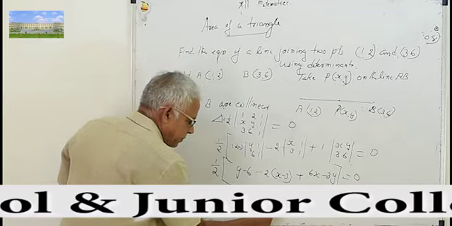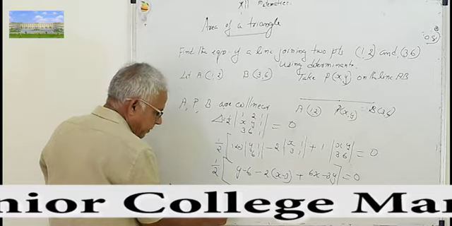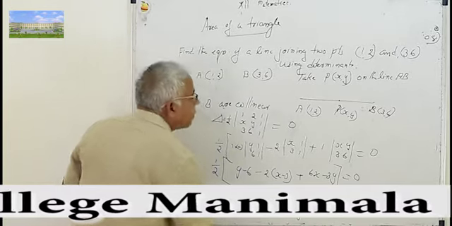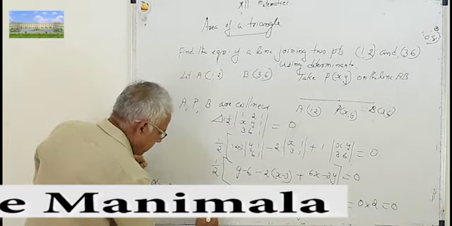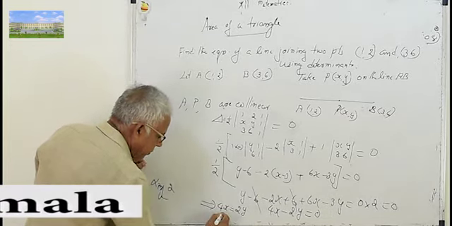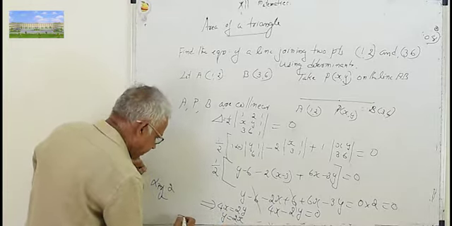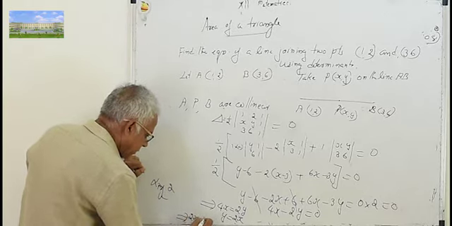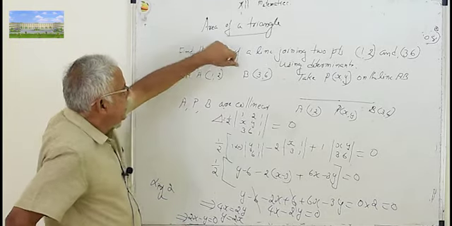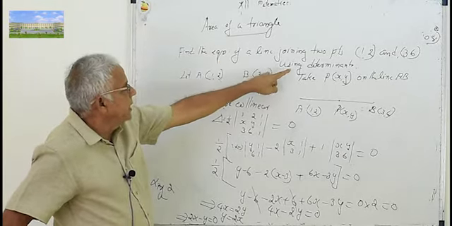Positive 6x minus 2x is 4x, and negative 3y plus 1y is negative 2y, is equal to 0, which implies 4x is equal to 2y. Dividing by 2, y is equal to 2x. That is, 2x minus y is equal to 0 is the equation of the line joining 2 points (1, 2) and (3, 6) using determinant.